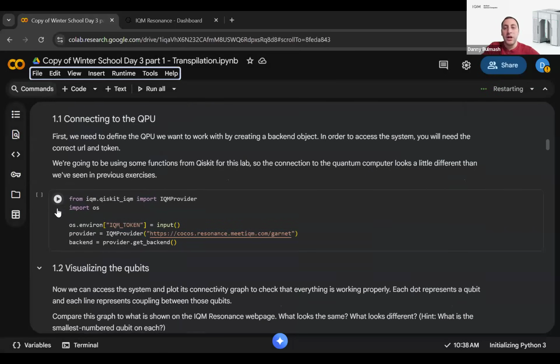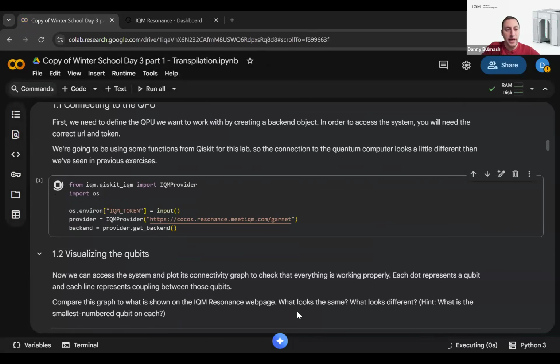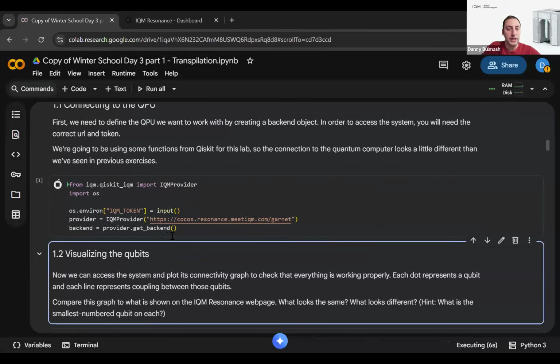Okay. So once that finishes restarting, we can connect to the quantum computer. And as usual, we're asked for our API token. So go ahead and get your API token ready.